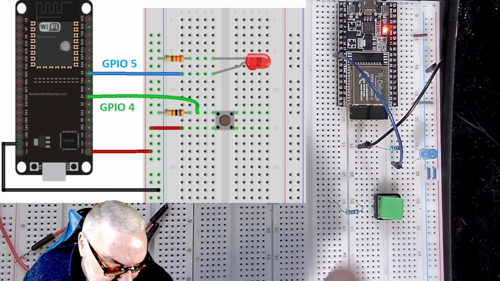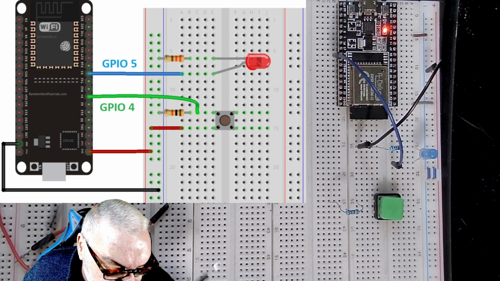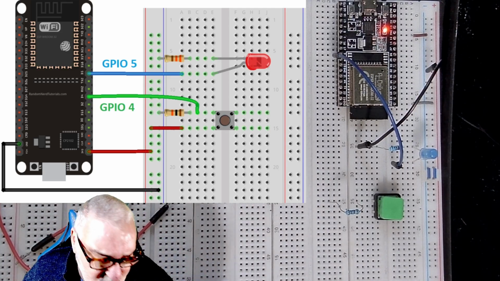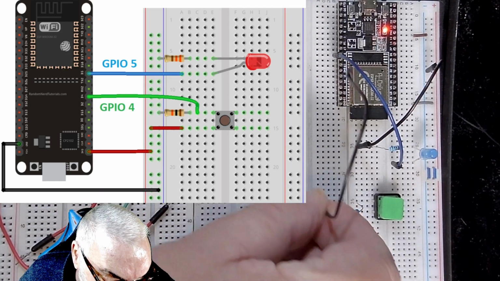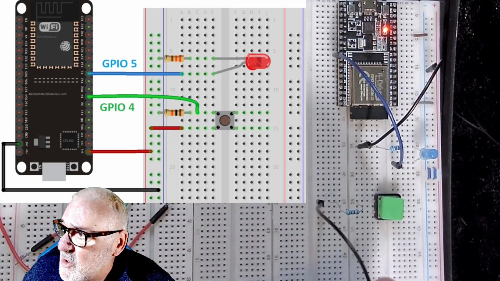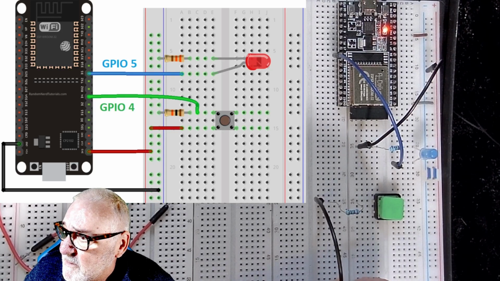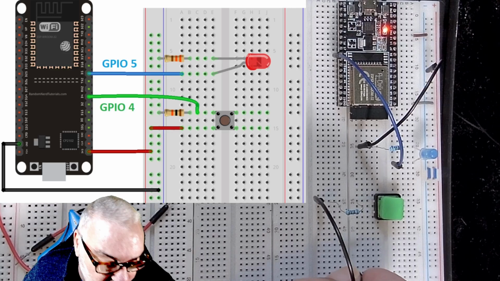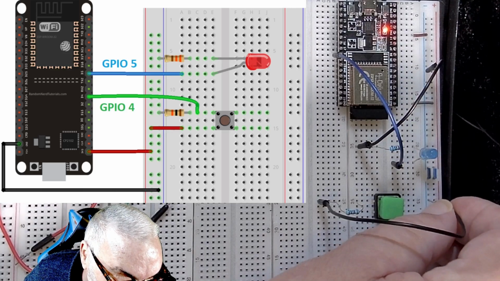And from there, we need to go from the other end of the resistor again to our ground rail. Our ground rail is there.